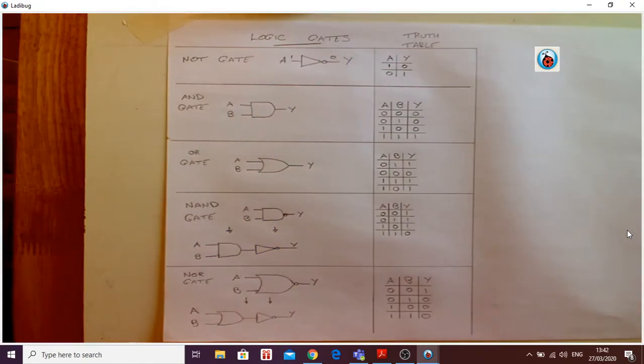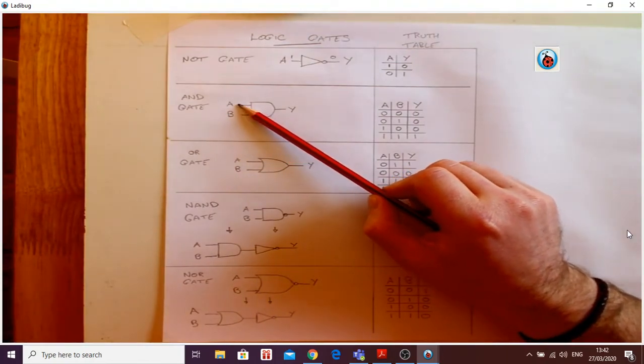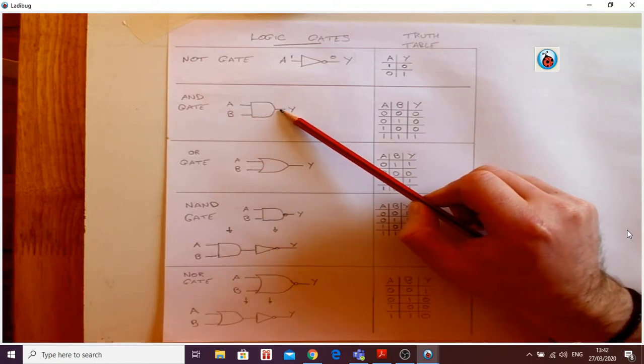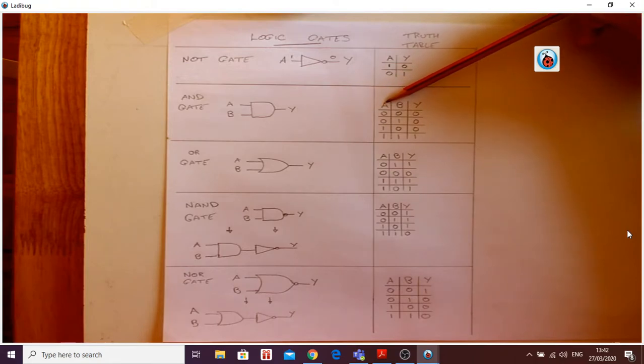Next one is an AND gate. This one is kind of an easy one to remember because it needs both of them working together. A and B need to be 1 in order for the output to be 1. If we go over to our truth table, if A is 0 and B is 0, then Y is 0.